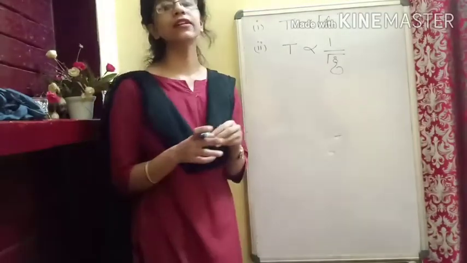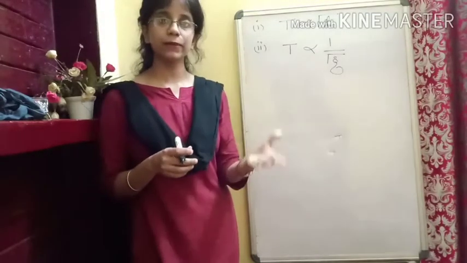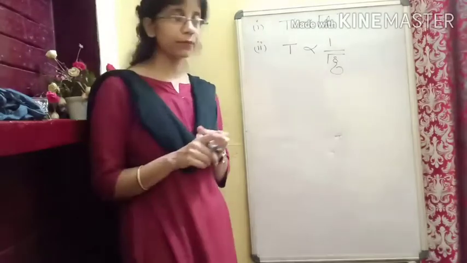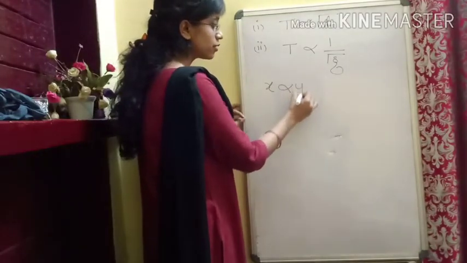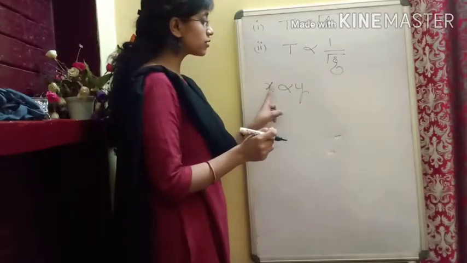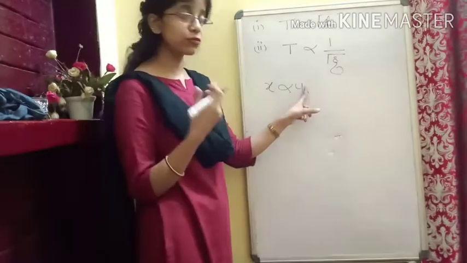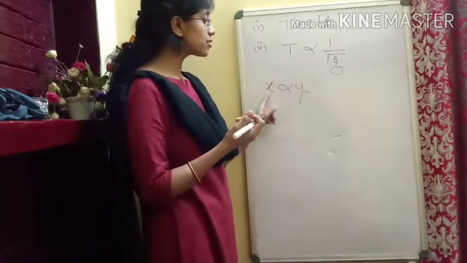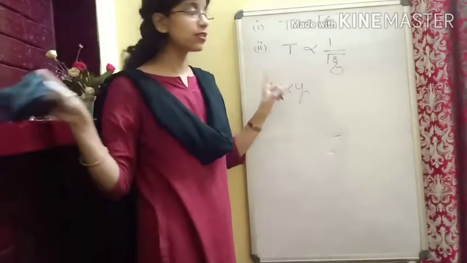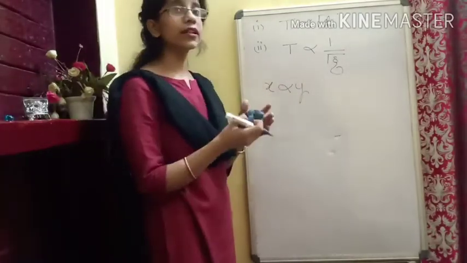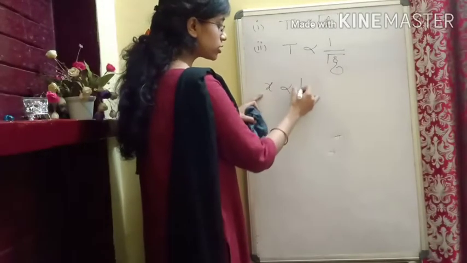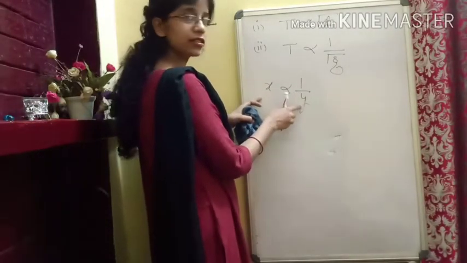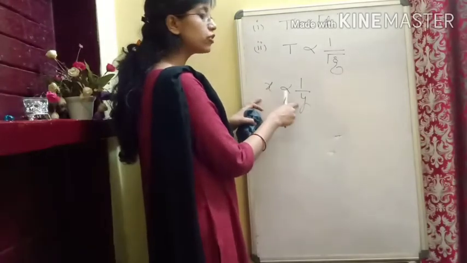I made it clear in the last class what is directly proportional and what is inversely proportional. If I write x proportional to y, we read it as x is directly proportional to y, which means if y increases, x will also increase. This is what we call directly proportional. But if I write x inversely proportional to y, you see it is in the denominator, then we call it inversely proportional.